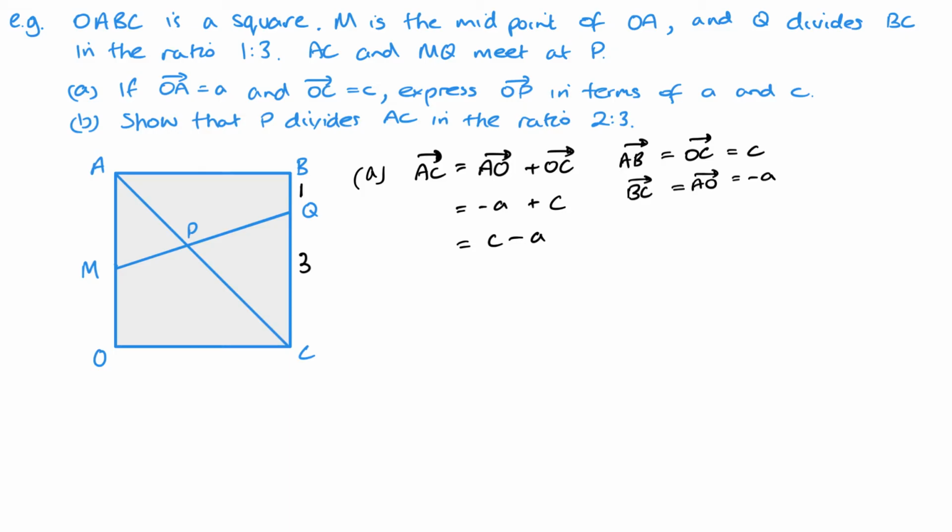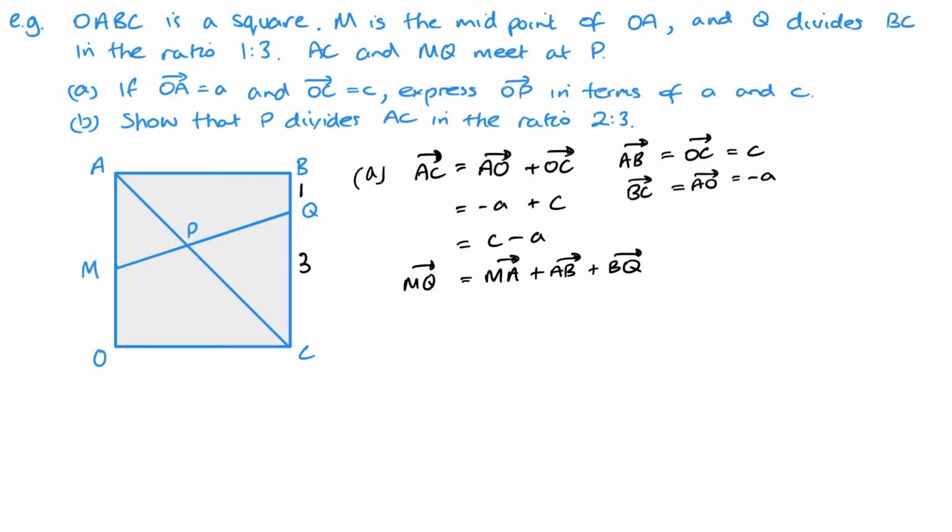Now we want to find P, so it's a little bit awkward because we don't obviously know the ratio at this point for part A. I know it gives it to us in part B when we're trying to find it, but at this point we don't know. So let's start by finding MQ. Now we know M is half of OA, so that's going to be useful in a minute, but let's go MA plus AB plus BQ.